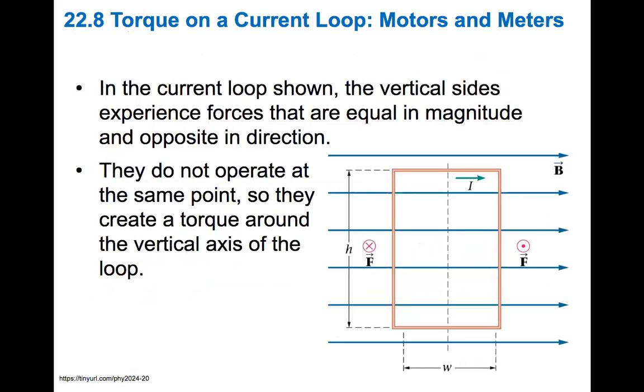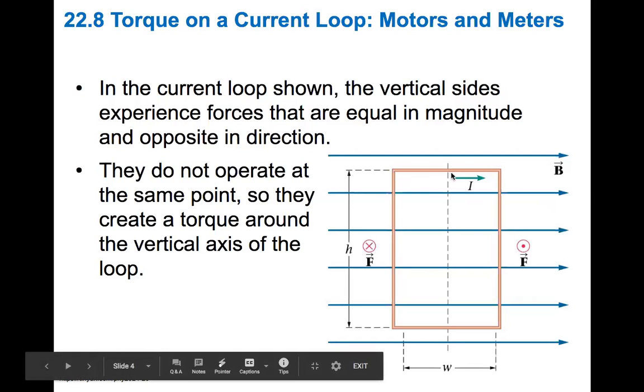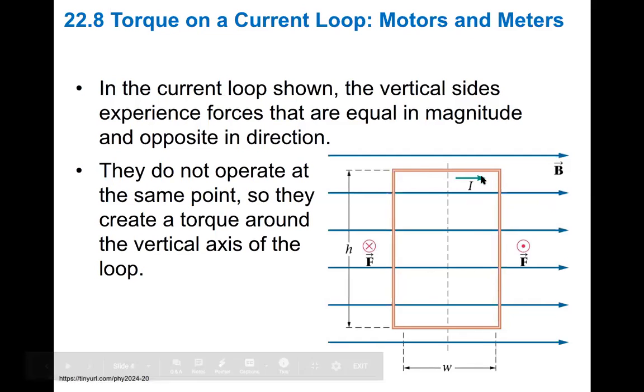So today we'll be looking at the torque on the current loop. Imagine you have a current loop, a loop made by wire, with current going through.